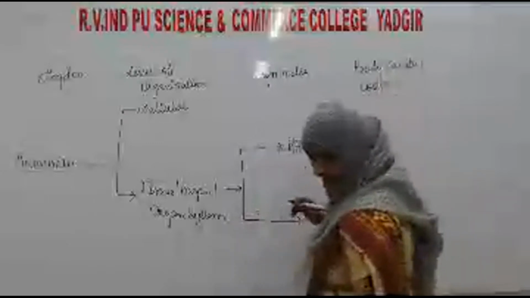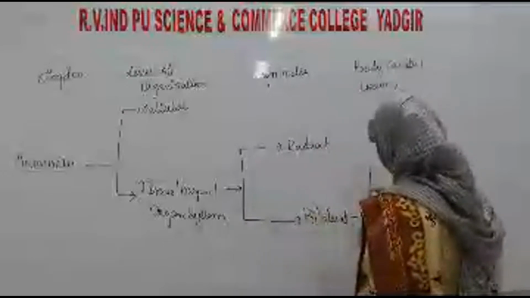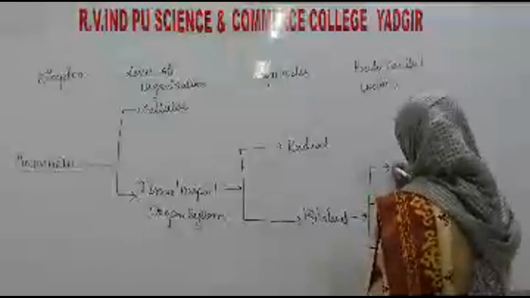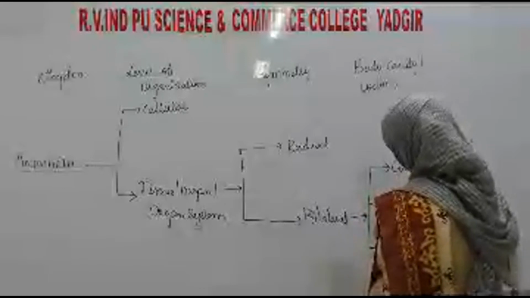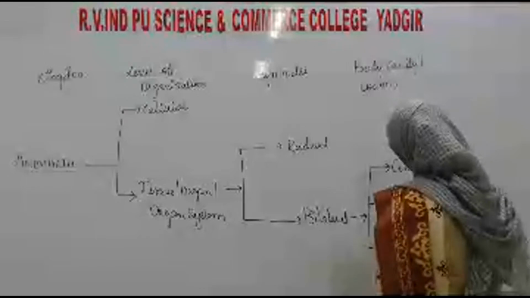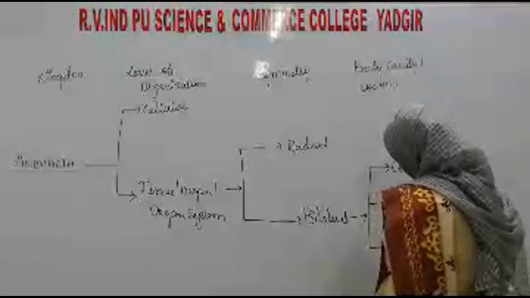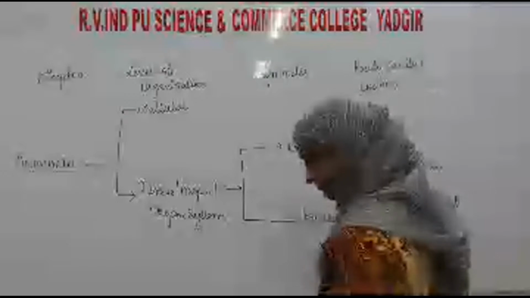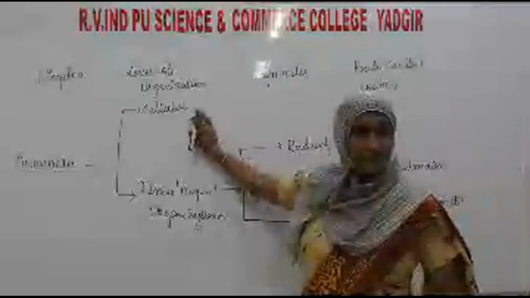Here it's of three types: acoelomates, pseudocoelomates, and coelomates. Now you see the cellular level of organization.